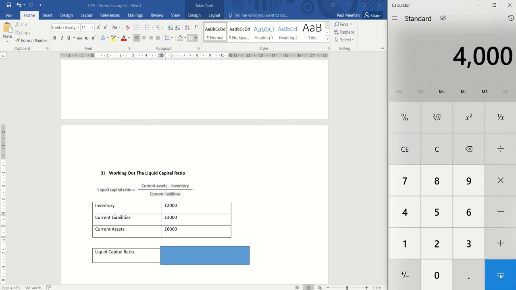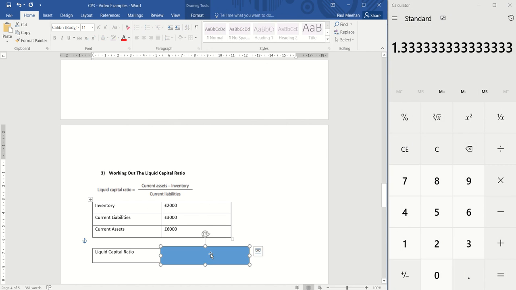That removes the stock on the shelves and leaves us with £4,000, which I'm assuming is the money we've got in the bank. Now we can divide that figure by the current liabilities. So 1.3. So 1.3 to 1.